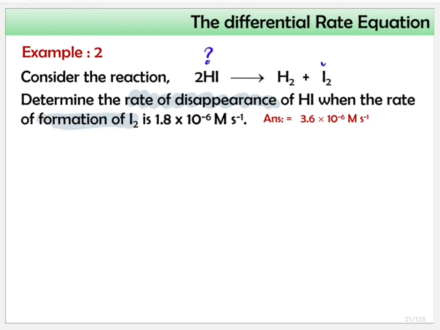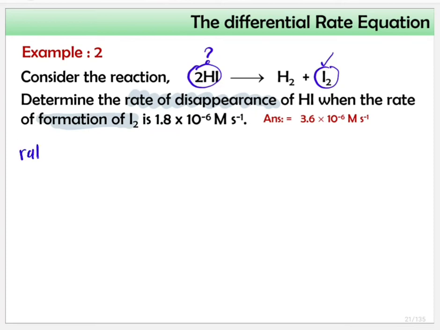is 1.8 times 10 to the power of negative 6. Jadi awak ada information about I2. You nak cari about HI. Jadi apa yang kita kena buat? So, untuk yang ini, bila you nampak rate of disappearance, rate of formation, maksudnya melibatkan differential rate equation. So, first kita tulis equation dia dulu.